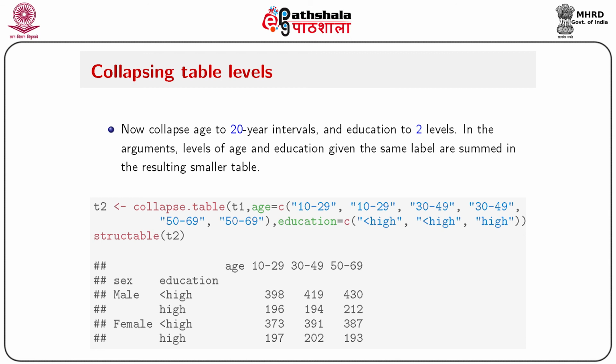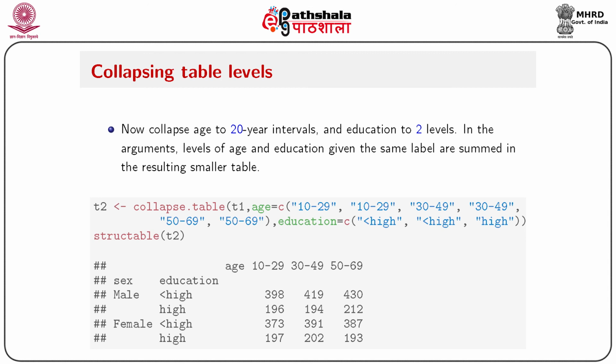Now collapse age to 20 years intervals and education to 2 levels. In the arguments, the levels of age and education are given, and the same levels are summed in the resulting smaller table. Suppose in collapse.table, T1 is the table. Age has 6 levels, so we want to convert it into 3. For the first 2 you assign 10 to 29, 10 to 29. For the second 2 you assign 30 to 49 and 30 to 49.